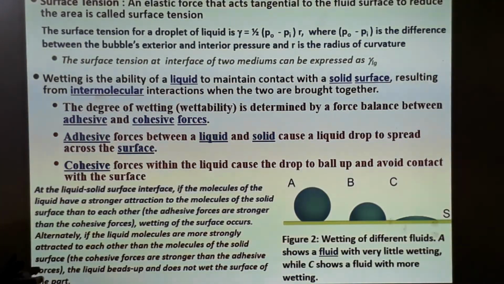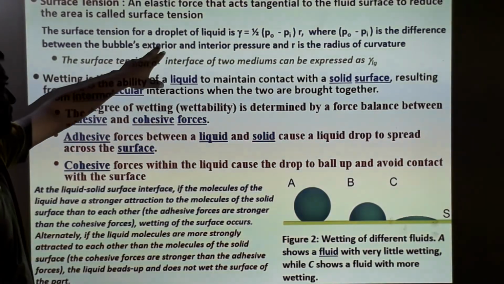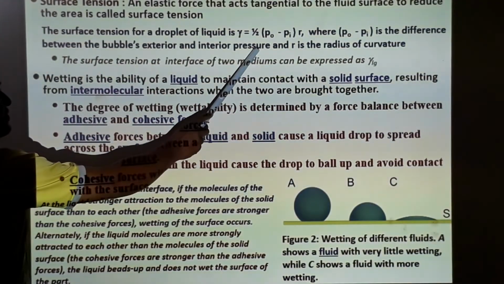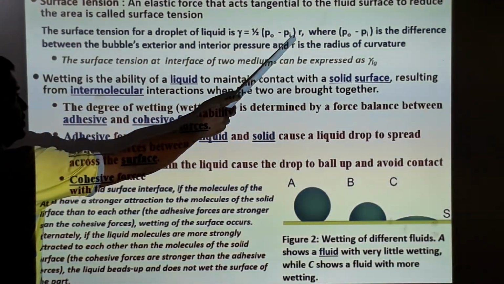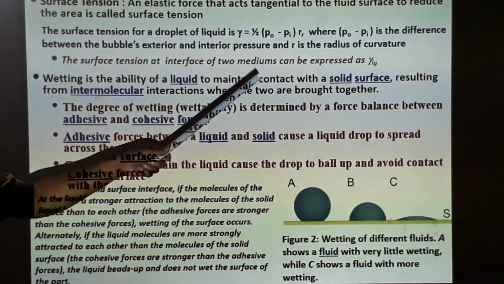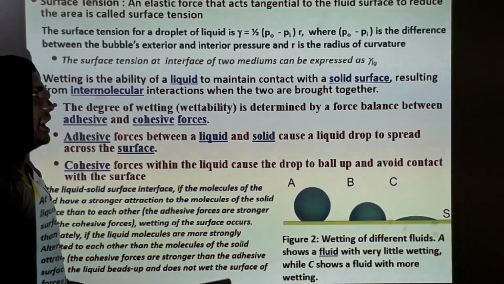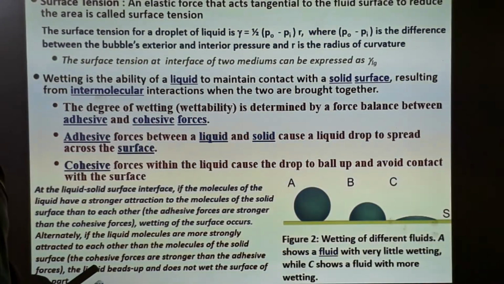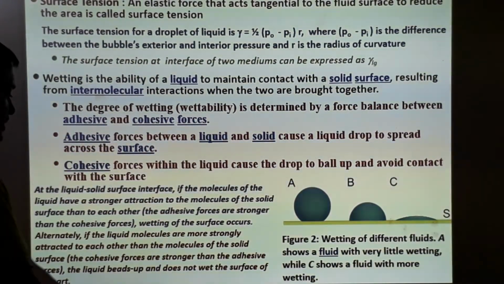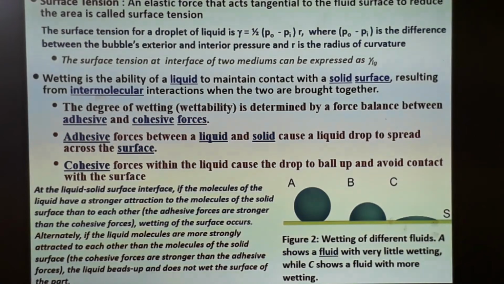Now, what is tension? Tension is equal to, you can say, force times distance, and the tension for a droplet of liquid is half of (P0 minus Pi) times R, where P0 and Pi are the external and internal pressures, so their difference is taken, and R is the radius of curvature. I just gave you the example of a bubble.